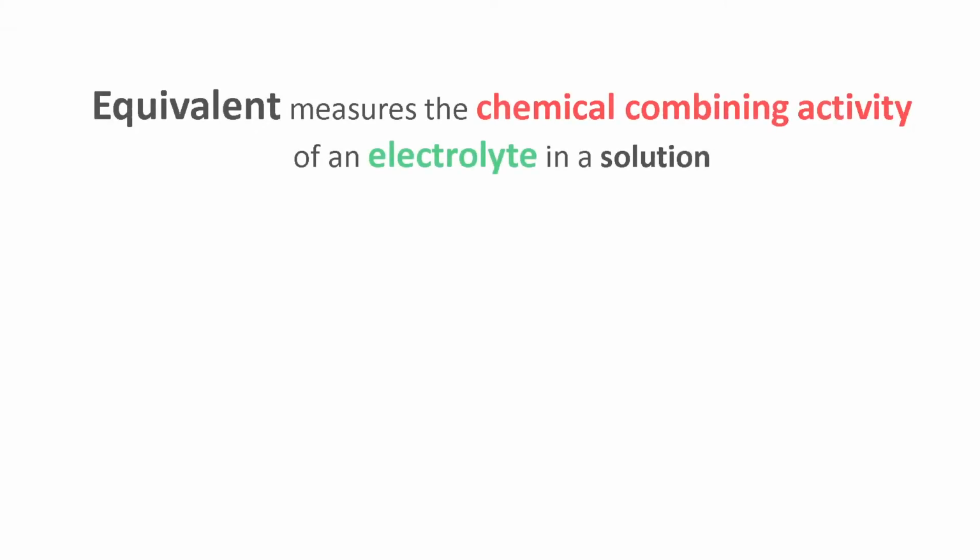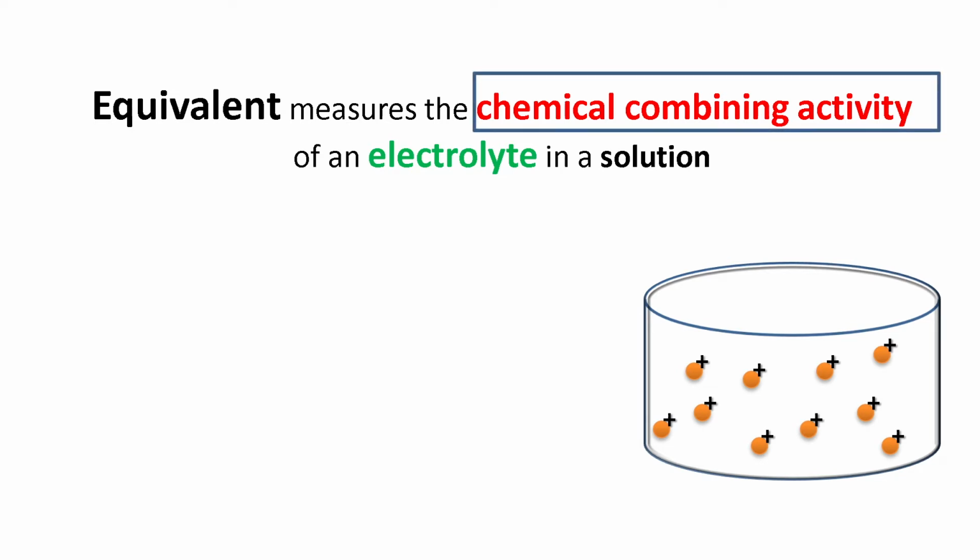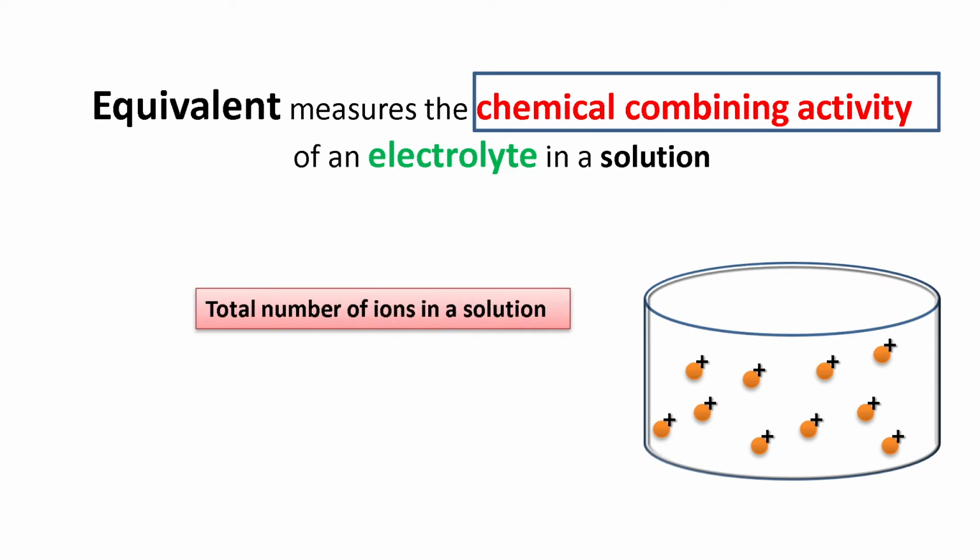Remember, when we talk about equivalence, that means we are talking about electrolytes in a solution, because equivalent measures the chemical combining activity of an electrolyte in a solution. The chemical combining activity depends on two factors. Number one, the total number of ions in a solution.